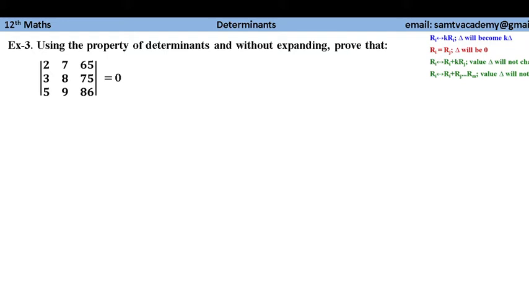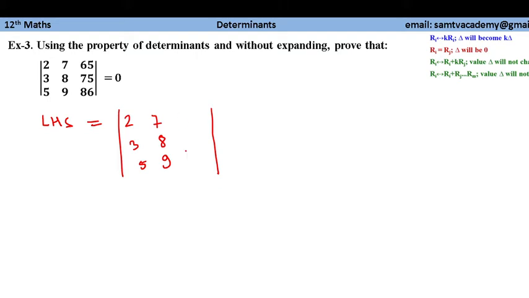So here also we will take LHS. The first step: you have to use your mind on what you can do so that any row or any column becomes equal to another.